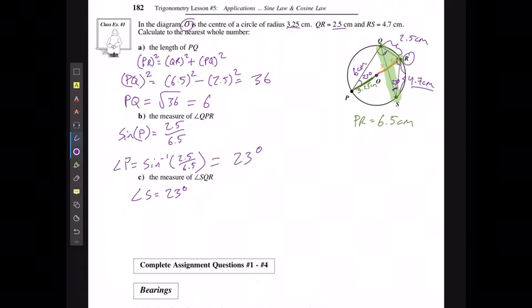Let's just pull out this triangle for a second just so I can make it a little easier to see. I have this triangle which is Q, R, and S. We know that this is 23 degrees. We know that this is 2.5 centimeters, and we know that this is 4.7 centimeters.